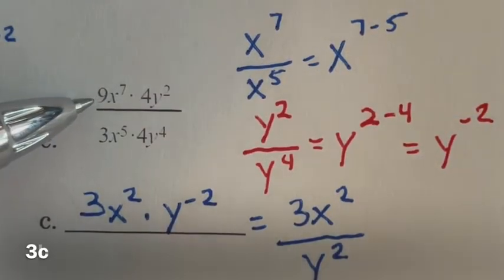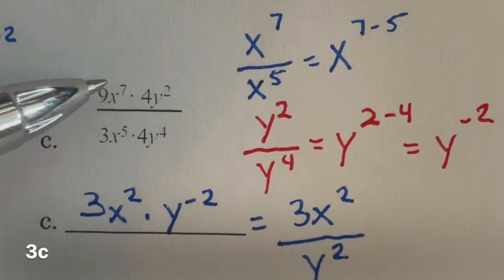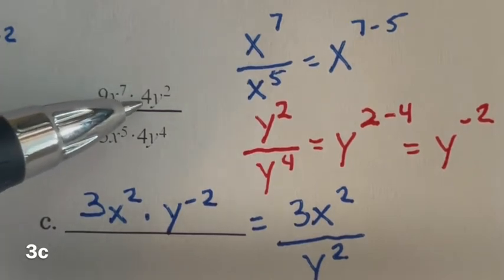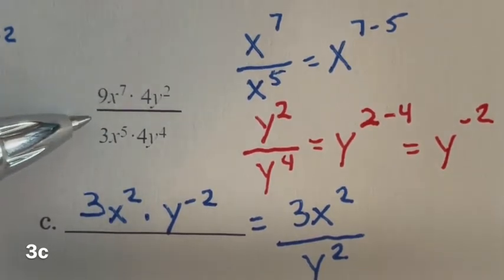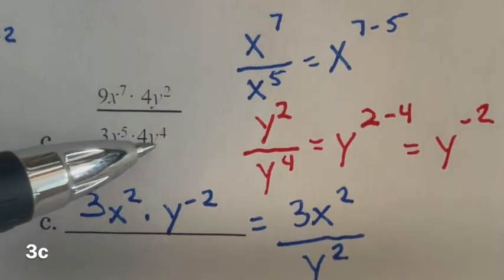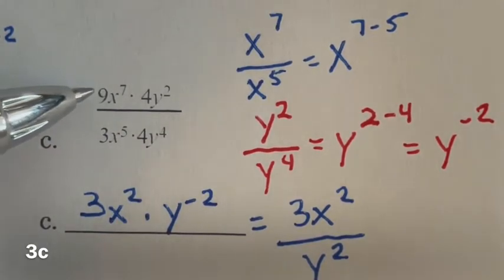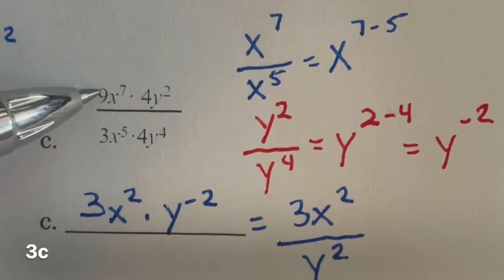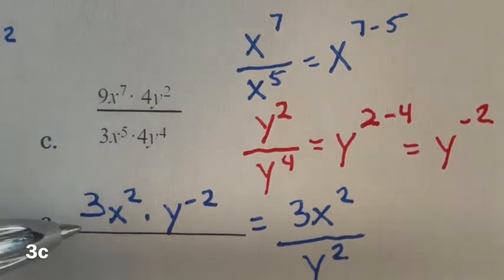Here we have 9x to the 7th multiplied by 4y squared, divided by 3x to the 5th multiplied by 4y to the 4th. First I can divide. 9 divided by 3 is 3.